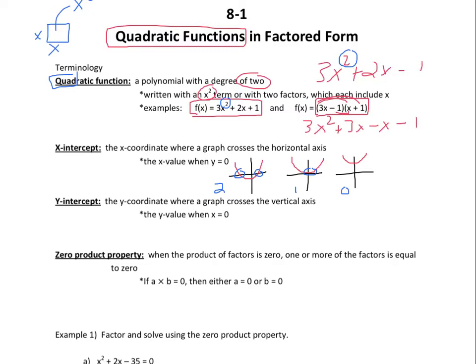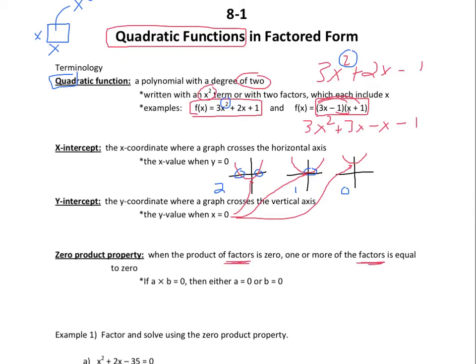Y-intercept is where it crosses the y-axis. So for this one, it would intersect there, it would intersect there, and it would have a y-intersection at that point right there. The zero product property is something that will be used to help us solve quadratics, and it's used when we have factored or have found the factors.